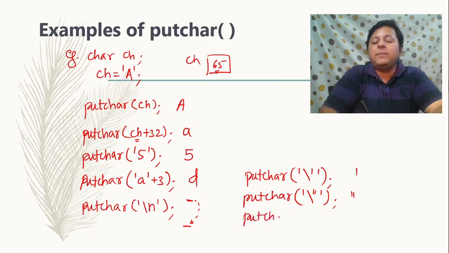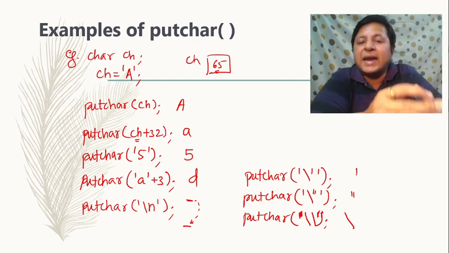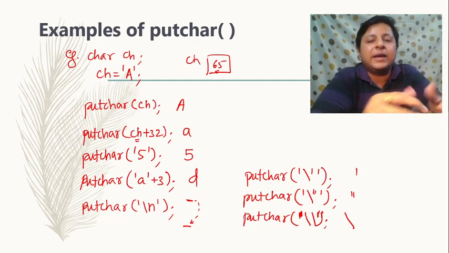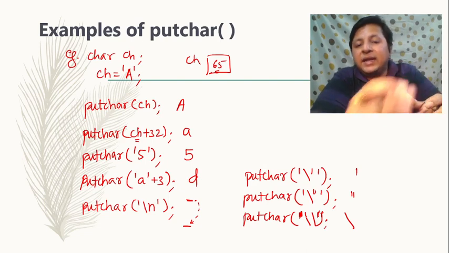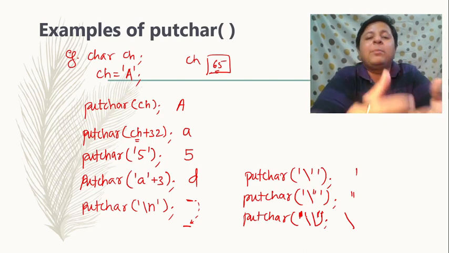If I want to display a backslash, this could be done like this: a single quote, then backslash for control, then backslash for printing, and then it will be printed as a single backslash. So in short, the first backslash acts as a control character, which tells that the next backslash is to be used for printing.